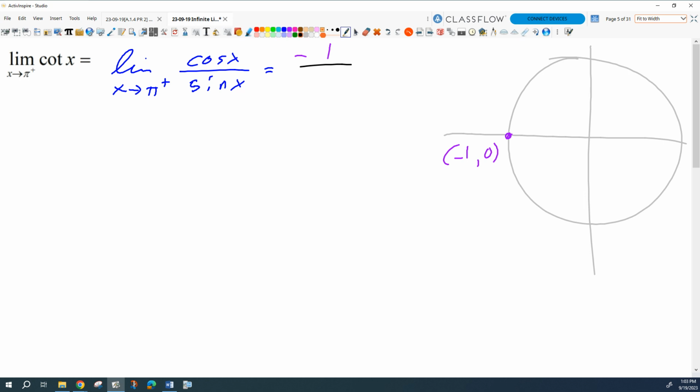Because we're sweeping out angles starting here. So there's going to be pi halves, pi, 3 halves pi. So a value of x slightly bigger than pi is actually down here, right? The ant is taking his little bitty ant steps approaching that point along the unit circle in quadrant 3, right?